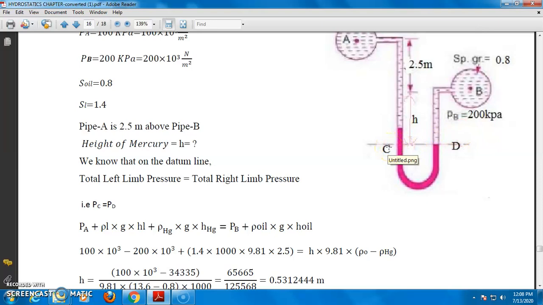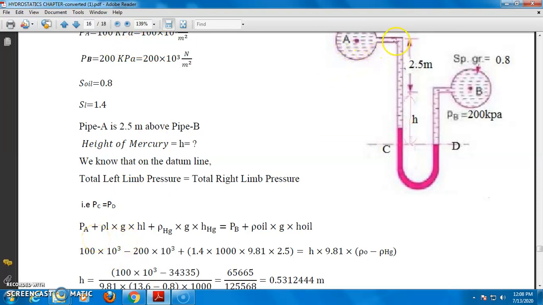Mathematically you can tell PC is equal to PD. So the pressure from the left limb: first, the pressure of the pipe is already given, PA, that is 100 kilopascal. Then you have to convert to SI, 100 into 10 to the power 3. That is the PA.